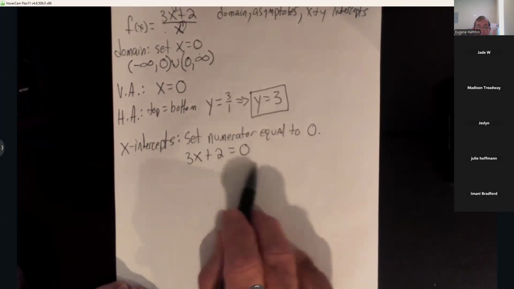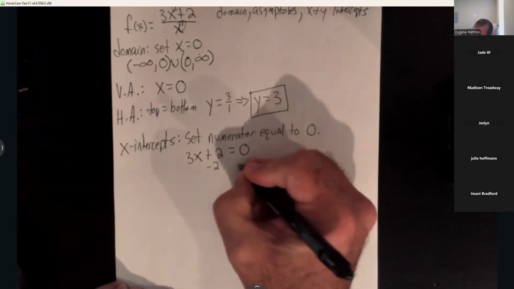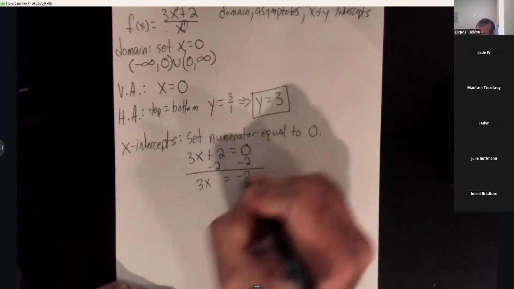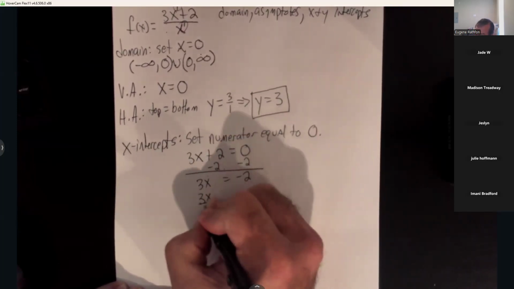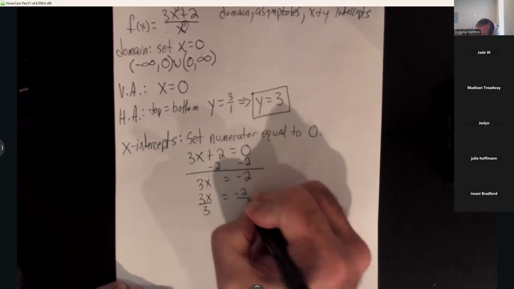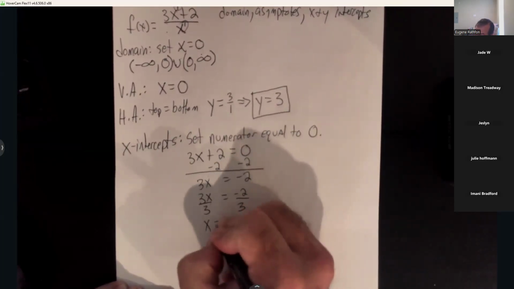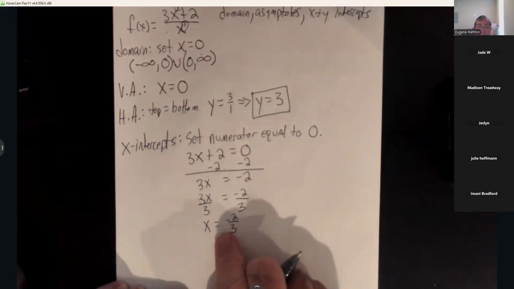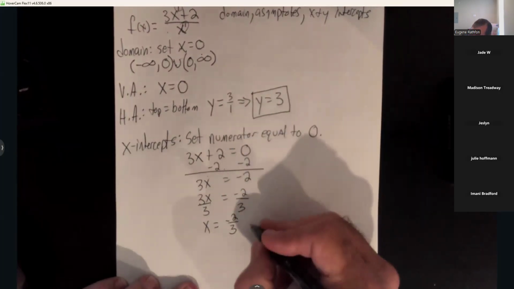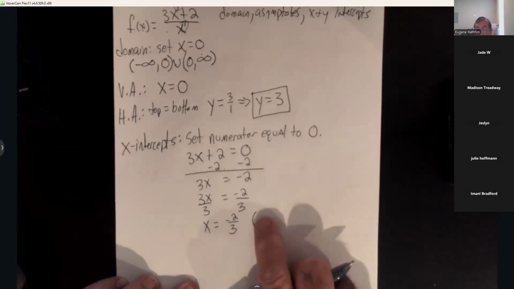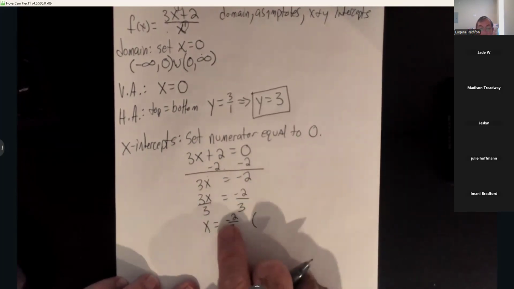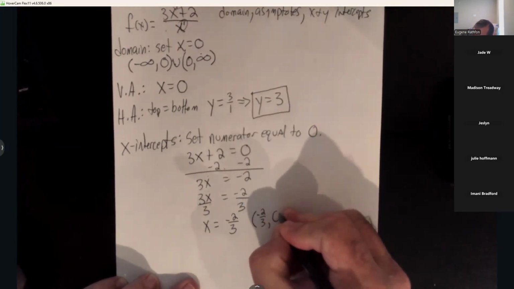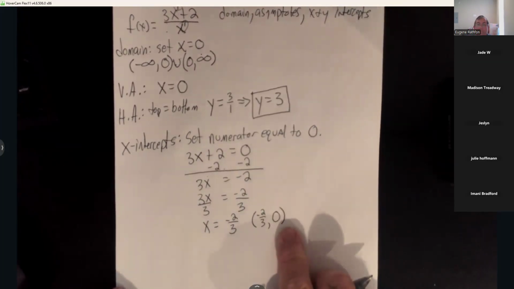Well, y'all, to solve this, we would subtract 2, and then divide by 3. So that x equals negative 2/3. This is my x-intercept. Remember, x-intercepts have to be written as an ordered pair. So the x value is negative 2/3. The y value would be 0.